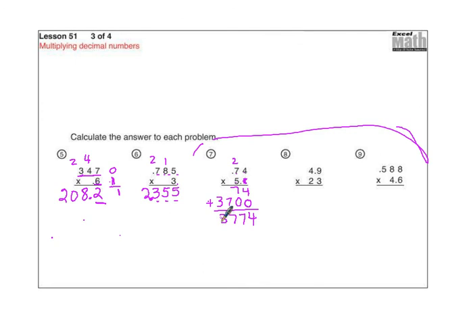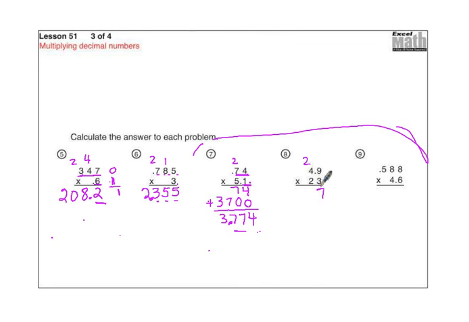And then over here we have, let me get the eraser out so we can see a little bit better. Uh-oh, messed it up. Okay, that should be a 4 right there. So we have one number here on the right side of the decimal and 2 numbers right there on the right side of the decimal. So that makes a total of 3 numbers on the right side of the decimal point. So in our answer, we have to have 3 numbers on the right side of the decimal point. It goes right there.